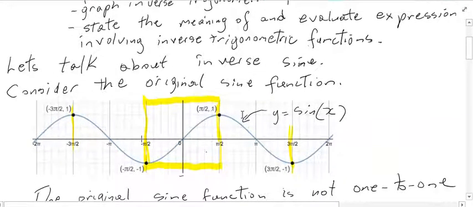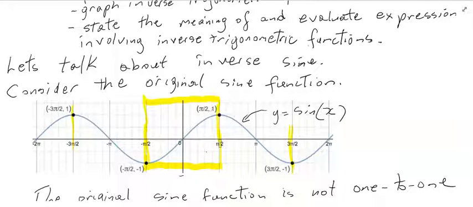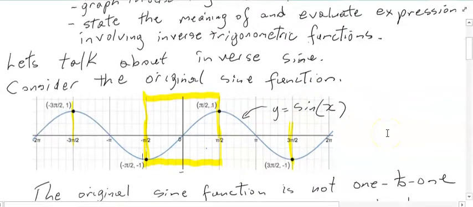And we will see some other reasons when we look at the unit circle as well. But for now, let us choose the region from -pi over 2 to pi over 2 of the graph y equals sine of x as our restricted sine function. As a matter of fact, over the years, that is what everyone has chosen.